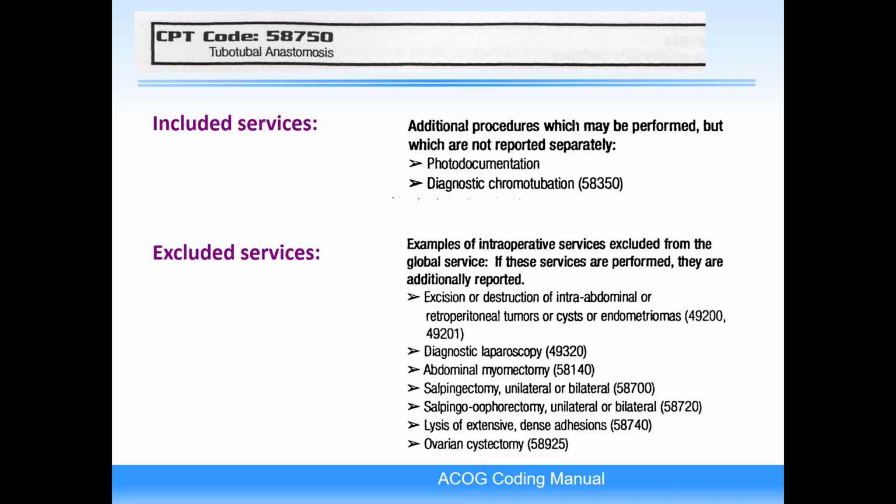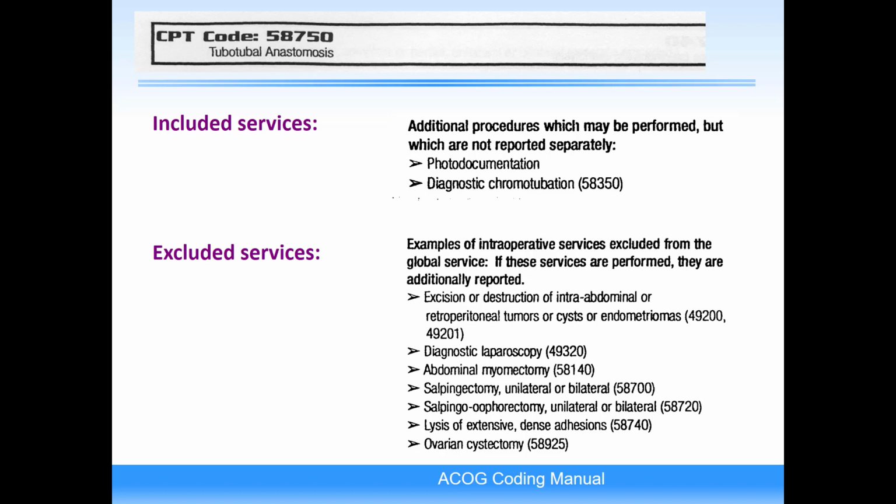But if you look under excluded services, you see examples of specific other things that you might encounter intraoperatively, and these are not part of the global service, therefore they're excluded. So if these are performed, they are reported separately. So you can go down this list and see if you encounter an intra-abdominal or retroperitoneal tumor or cyst or endometriomas, those are reportable separately.